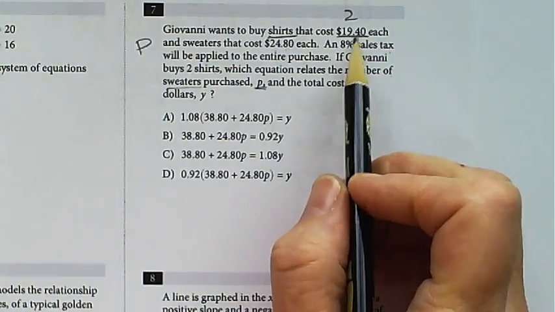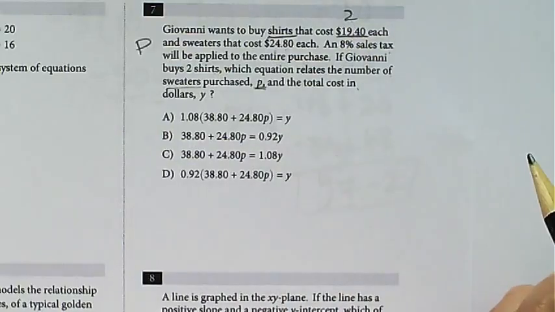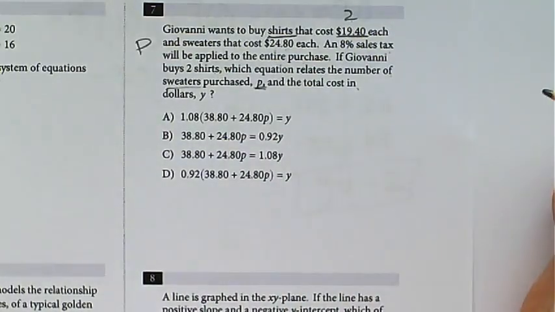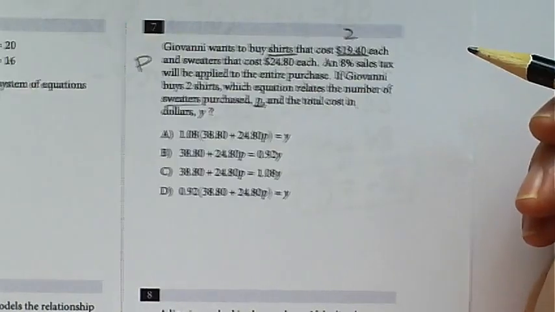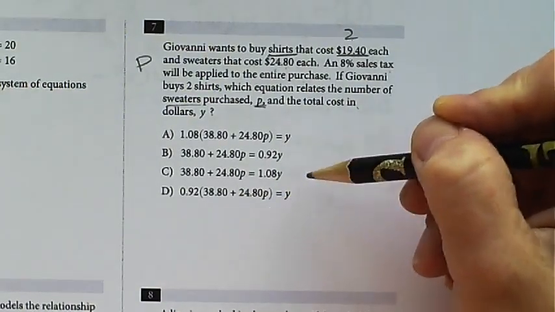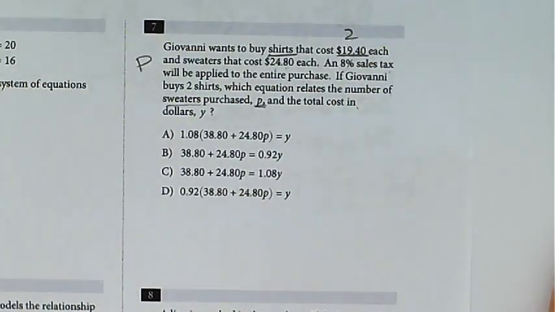Okay, so we know 19.40 times 2 is going to be $38.80. Now, you may not have been able to do that as quickly in your head, but if you just quickly multiply, you could just multiply 20 times 2 and subtract $1.20.